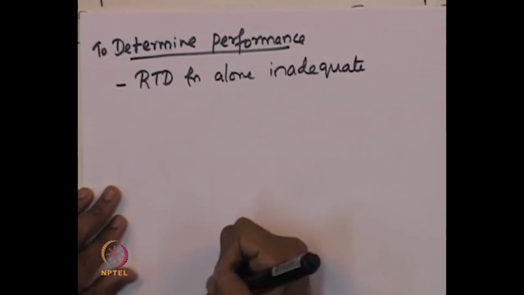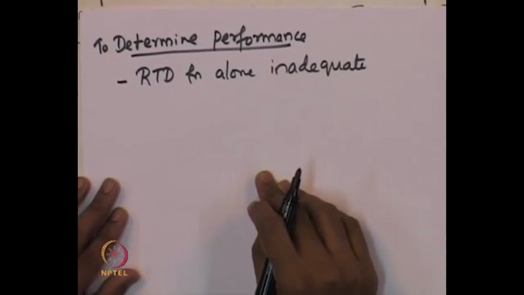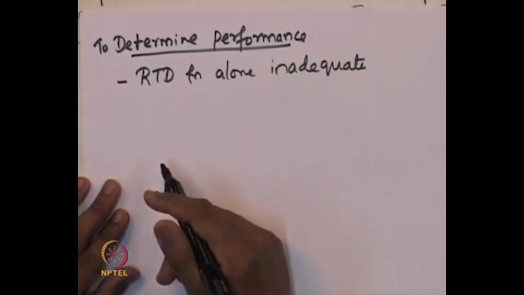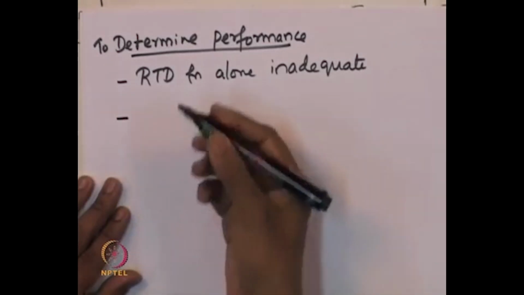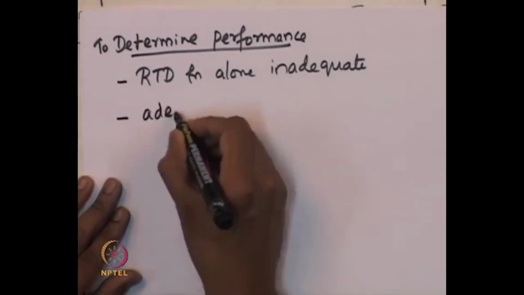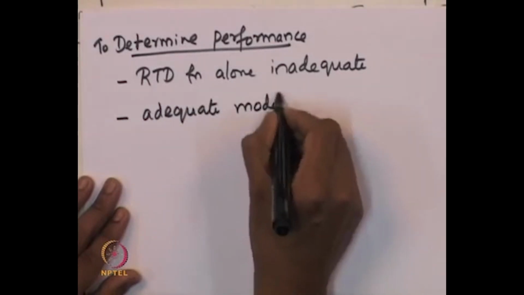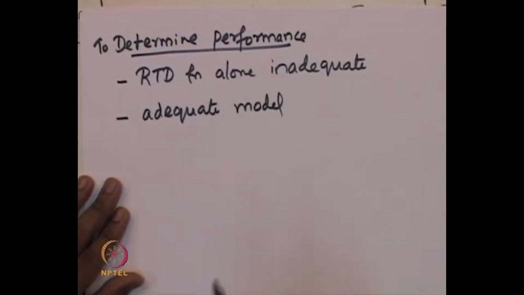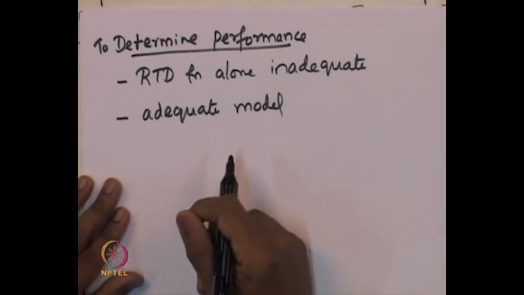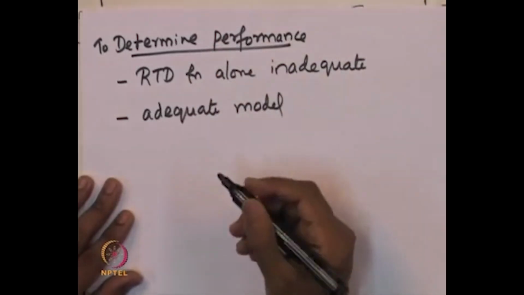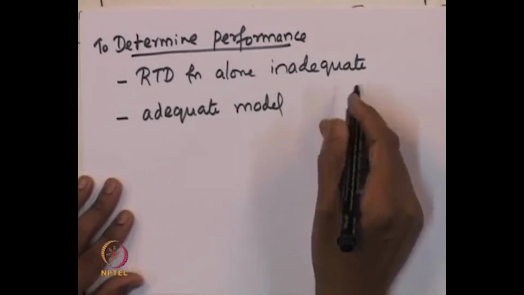RTD alone is inadequate. In fact, one needs to know an additional piece of information if one needs to characterize or find out the performance of a real world reactor. So, in addition to RTD, an adequate model of the non-ideal reactor is required. One needs to know the appropriate or correct model of the non-ideal reactor, without which the performance cannot be estimated. So, the RTD function alone is not adequate.